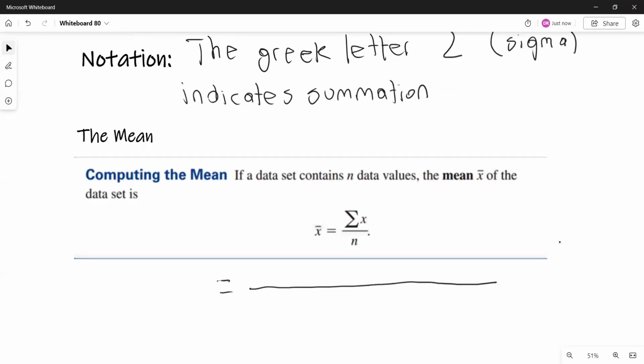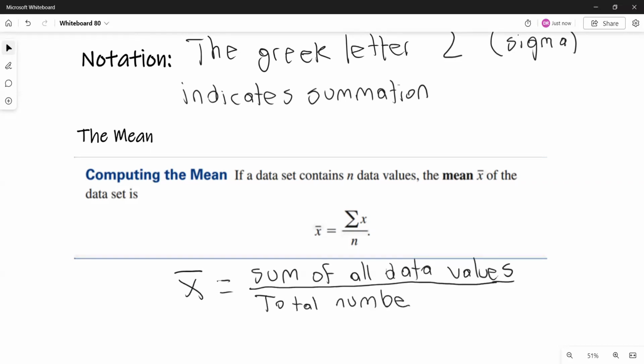So with letters, this is going to be x bar, the sum of all data values over the total number of values.